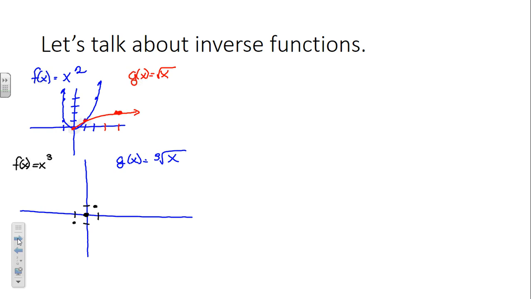But what happens at 2? 2 cubed is 8. So we have to go clear up here all of a sudden. And negative 2 cubed is negative 8, right? So here's our cubic.